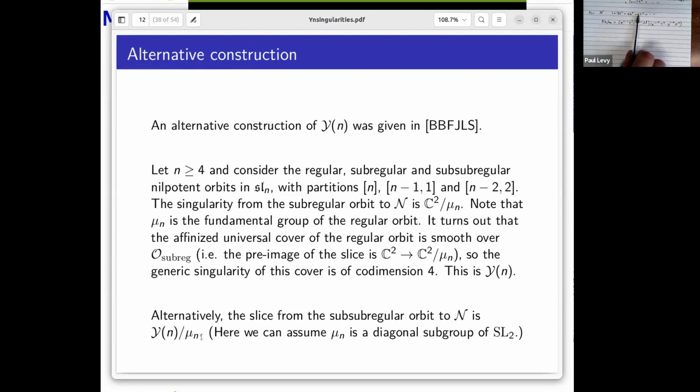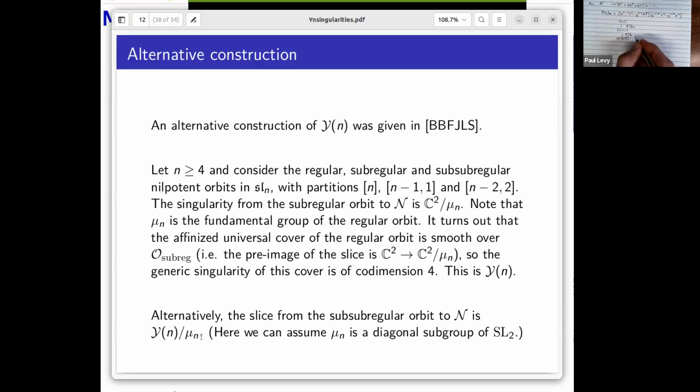It's just the Hasse diagram of nilpotent orbits at the very top of the nilpotent cone of SL_N. So this is C^2 over mu_n, and I need to remove one column.